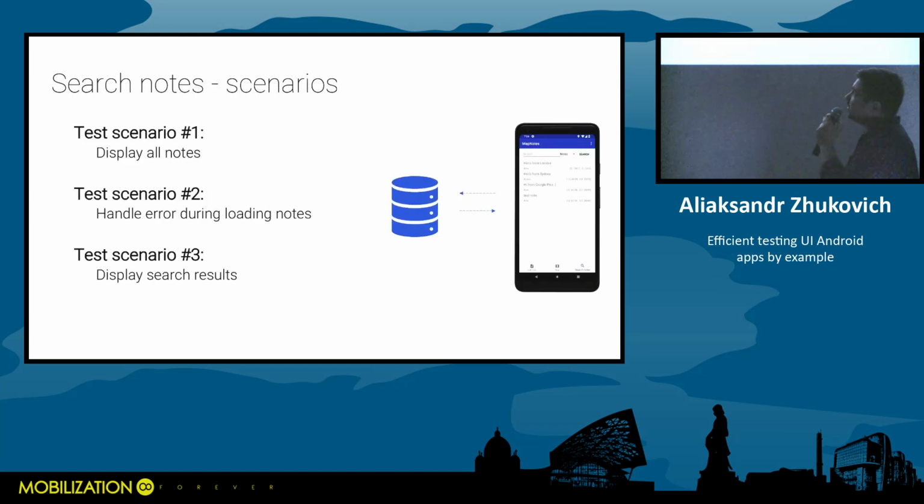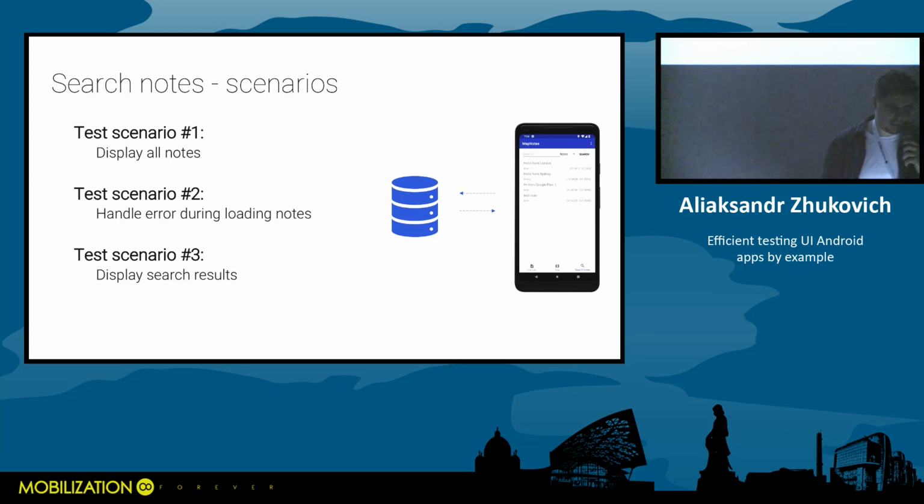Next set of scenarios is search, because all applications use search, and it's a pretty common scenario. First of all, when we open our search fragment, we download some data from the server and would like to display this data.